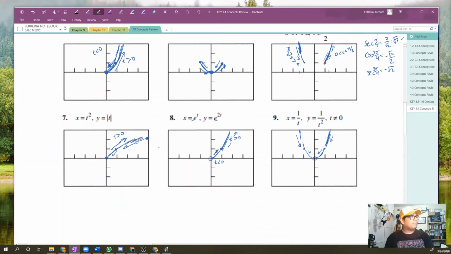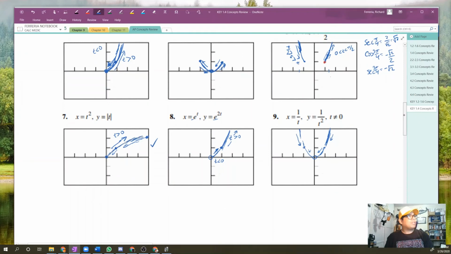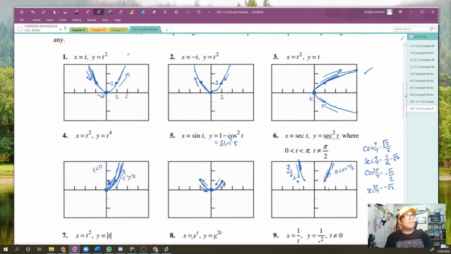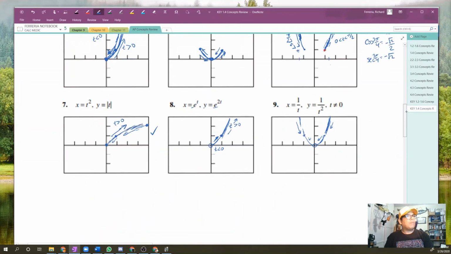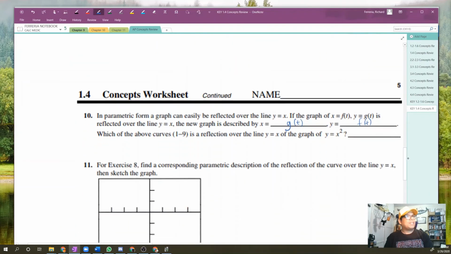Here's another one. And the rest of these present the parabola as they are. So let's go to the first one, t squared and t. Oh, maybe we should just write the problem numbers. That is numbers 3 and 7.